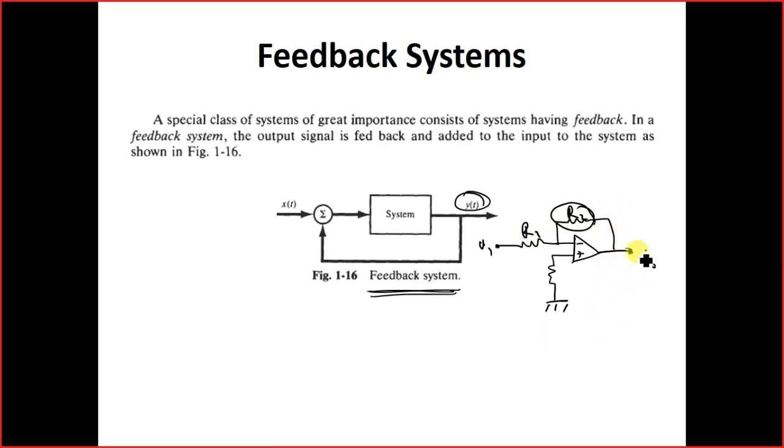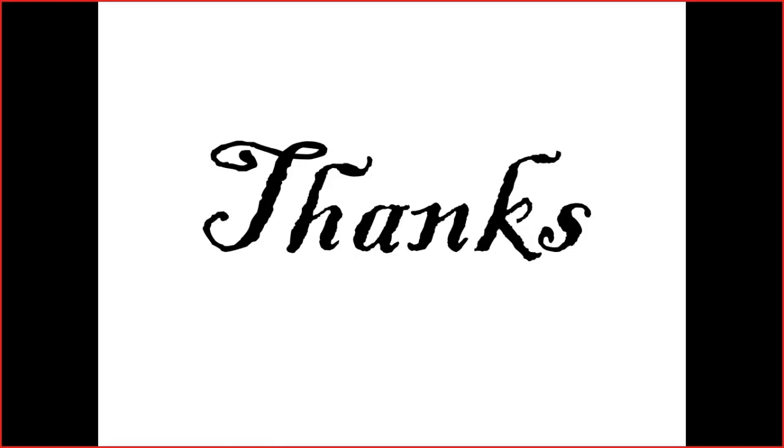So this is a feedback system. Any system which takes the past outputs to calculate the present output is regarded as a feedback system. With this, we complete this first preliminary chapter, signals and systems.